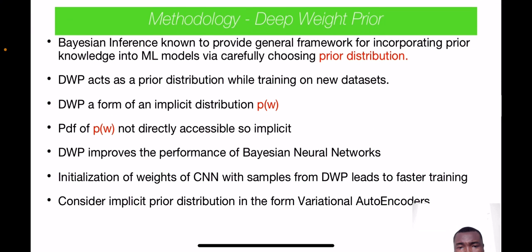Consider an implicit prior distribution in the form of a variational autoencoder. So in order to use the weight initialization as a prior distribution, we use a variational autoencoder that I will talk about in much more detail in the next slides.